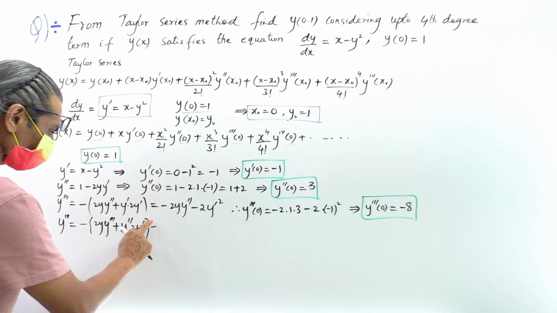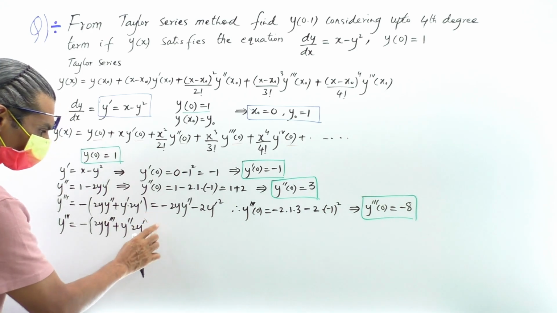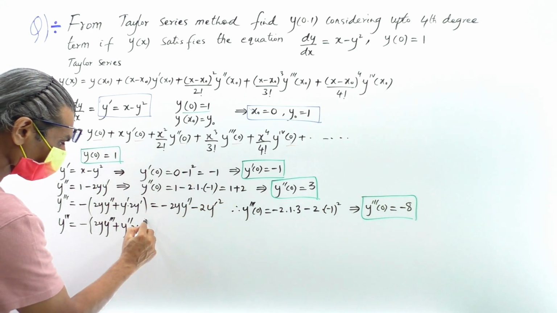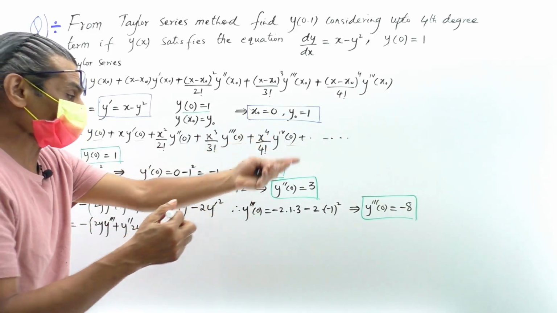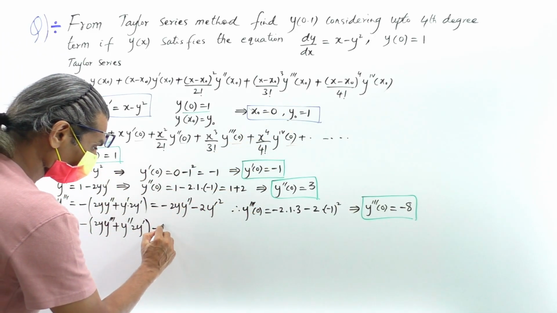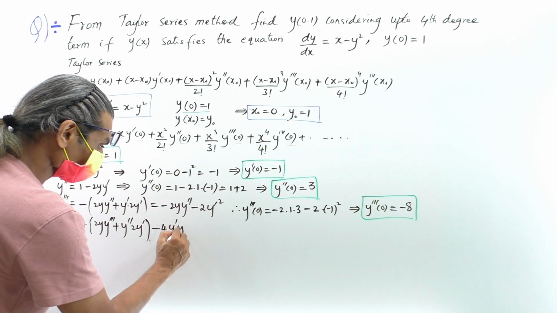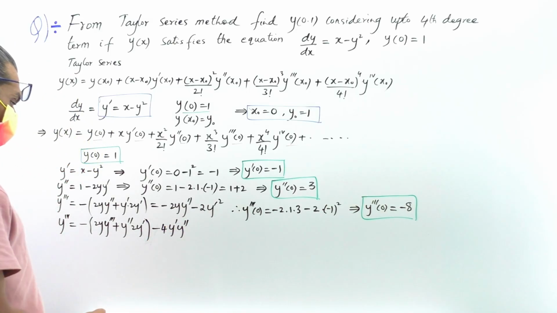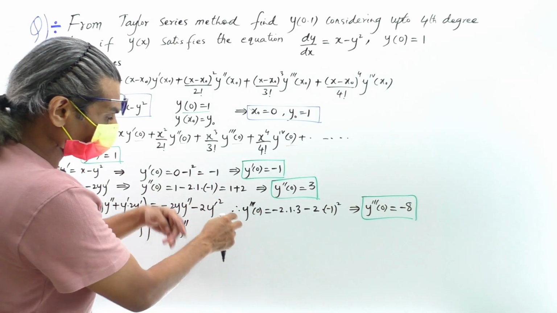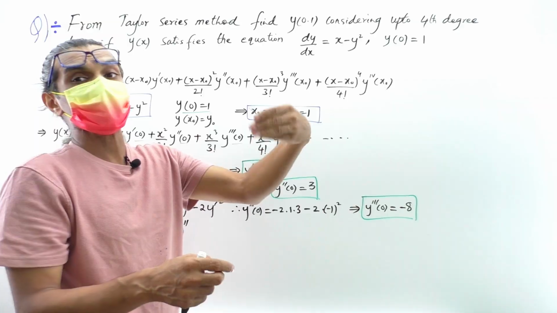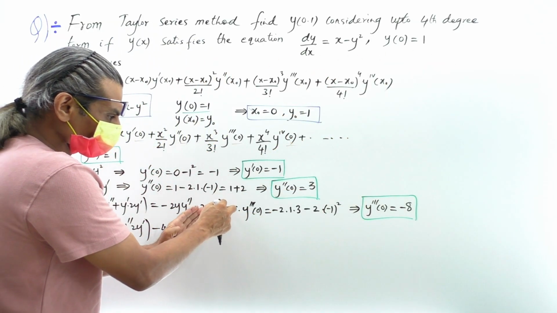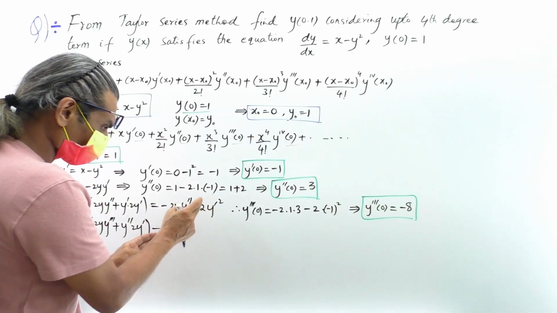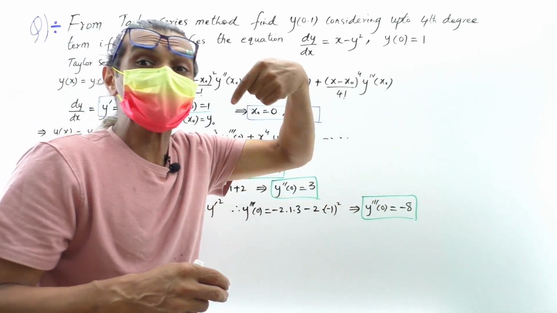Minus again differentiation of minus 2 into y dash square: derivative of y dash square is 2 into y dash, 2 twos are 4, 4 y dash into again the derivative of y dash, which is y double dash, by the chain rule.